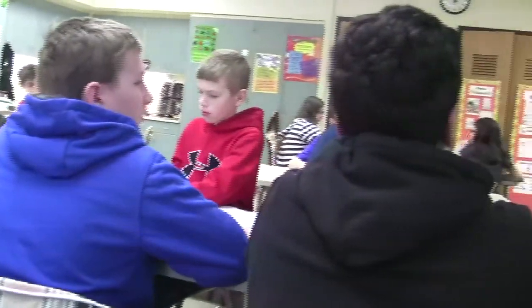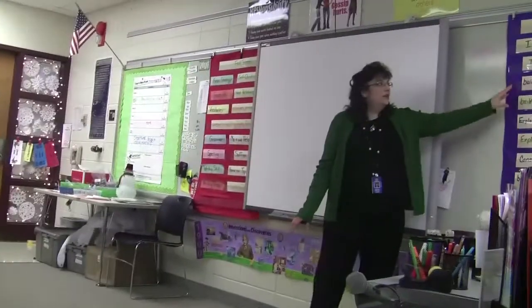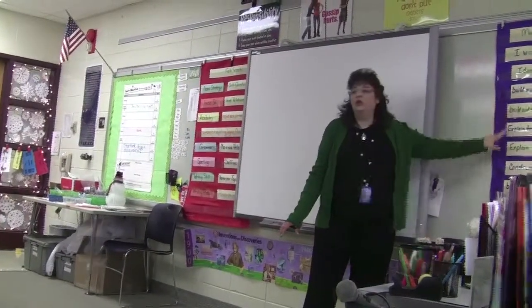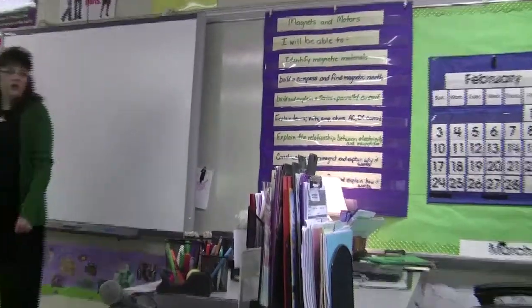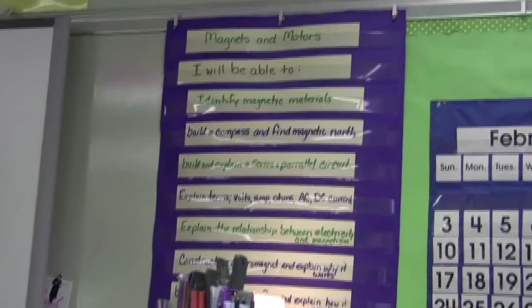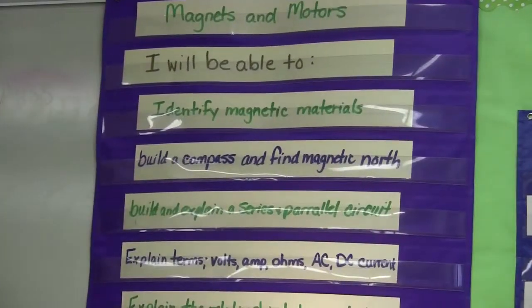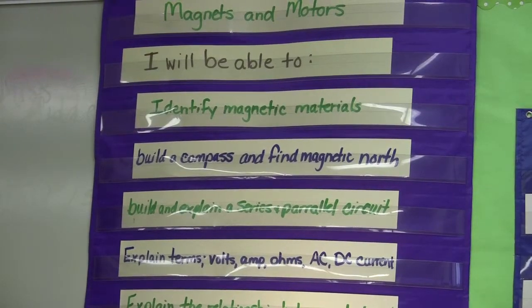Okay, good. Let's look up here at the learning goals. I was listening to you talk about your explanations, and let's look at our targeted ideas or learning goals for this unit. And does anyone see a learning goal or a targeted idea up here that really might have been mentioned or explained a little bit more in your explanation?